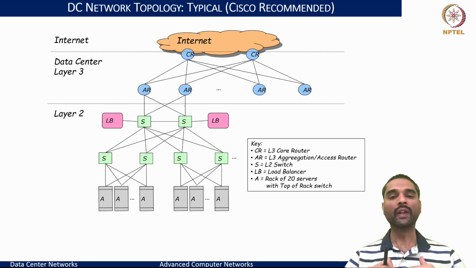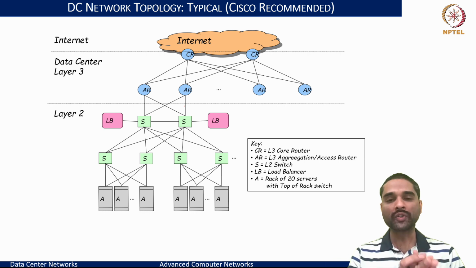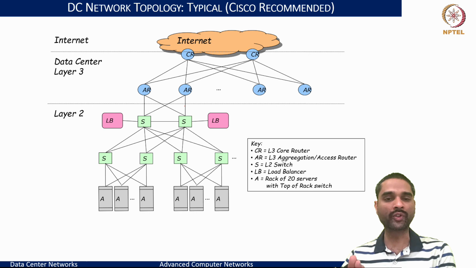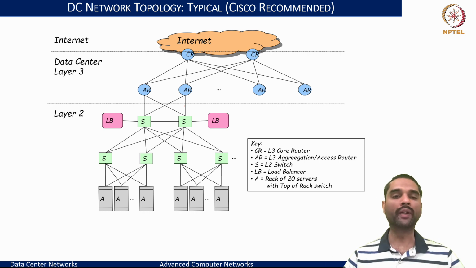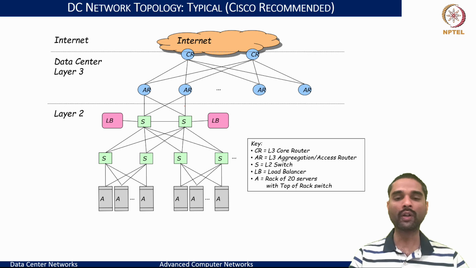This layer 2 network is much more critical in the sense of scaling up the resources that we would want to do, be it the deployment of middle boxes, switches, or the server racks that we spoke about earlier.